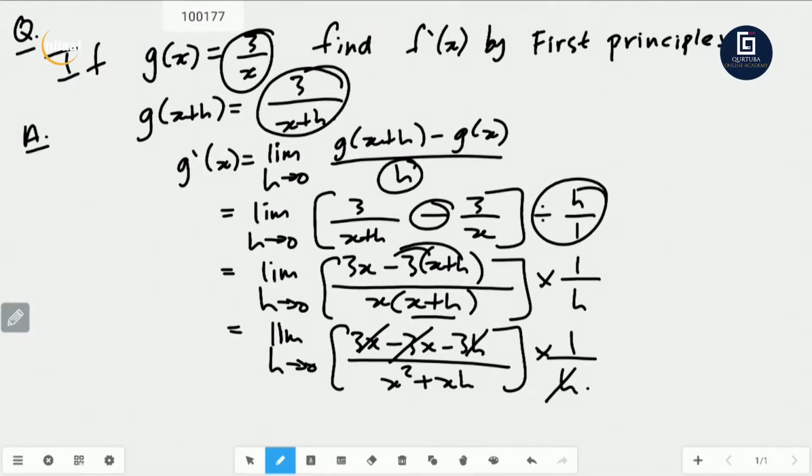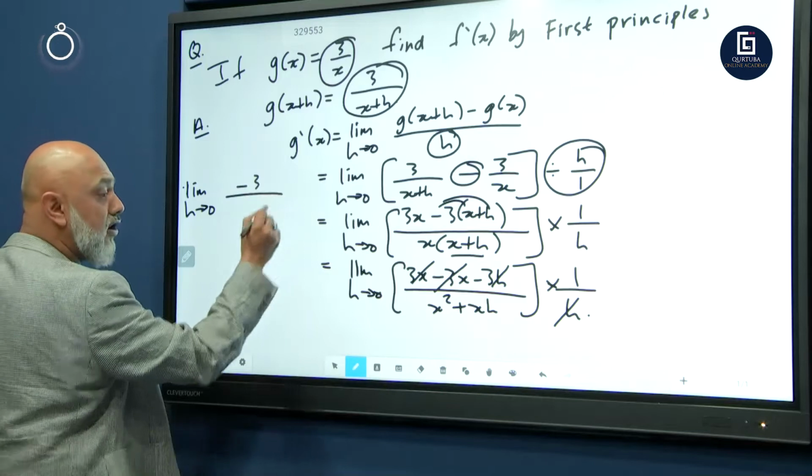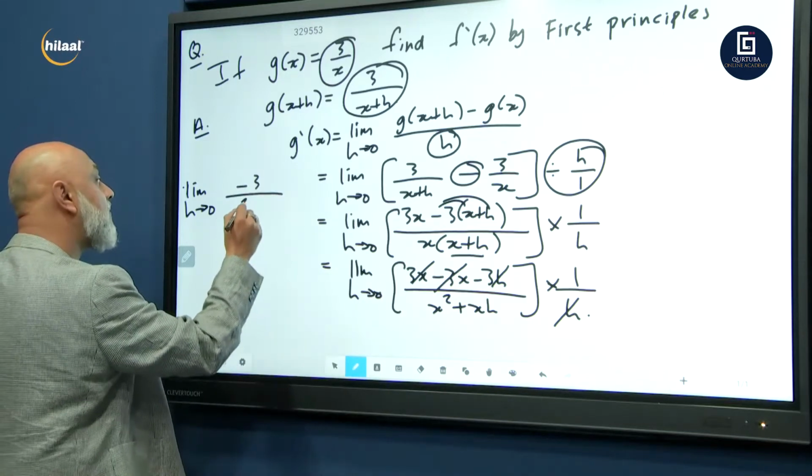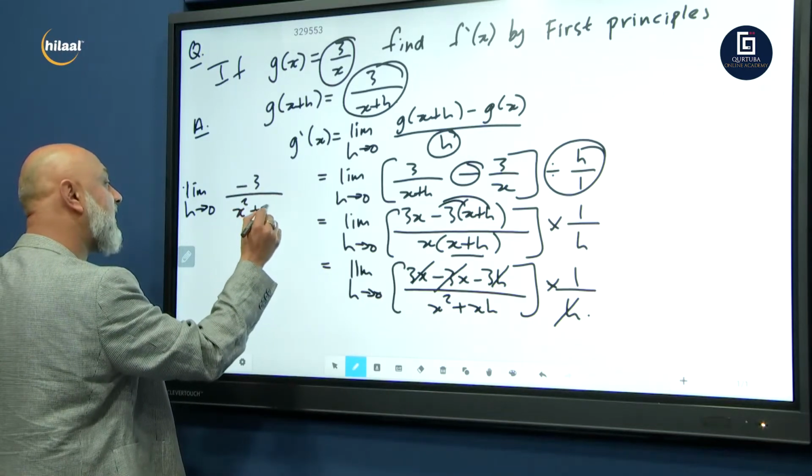Let's move over to the side. I'm going to say the limit as h approaches 0. You keep on inserting the limit right through until the end. You've got negative 3 over x squared plus xh.